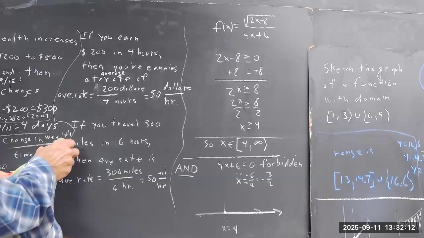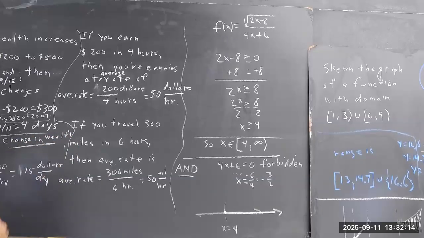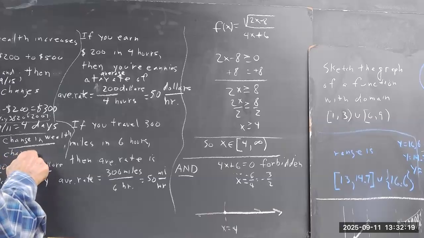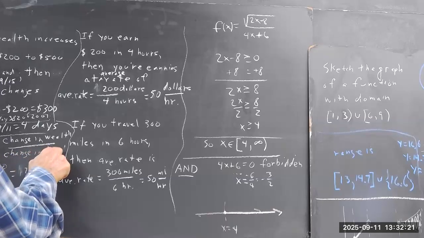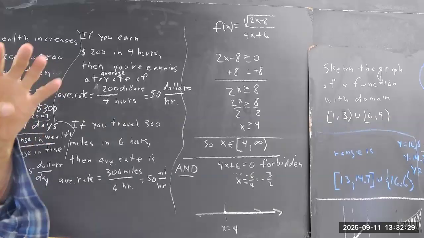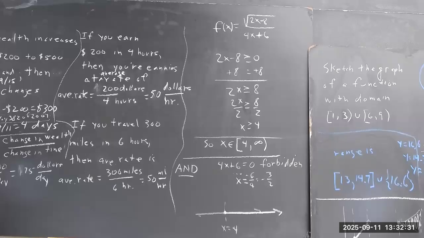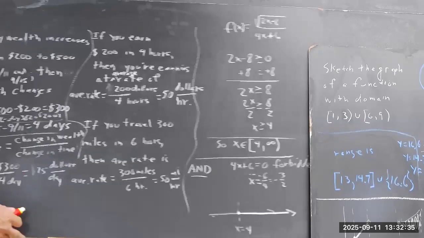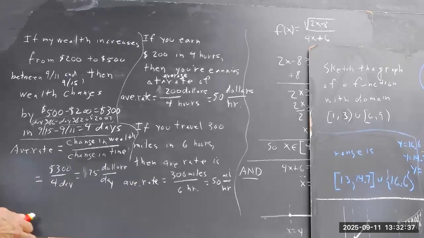Instead of time required, I'm going to write the change in time. That makes sense? The change in time between this day and this day was 4 days. And what about, I thought that was all on the board.